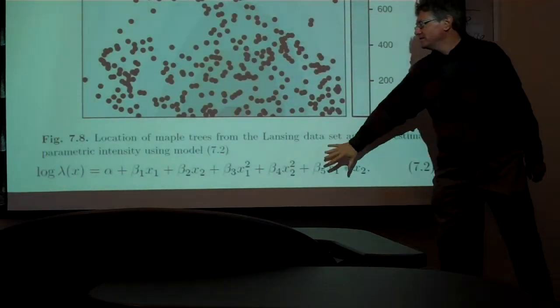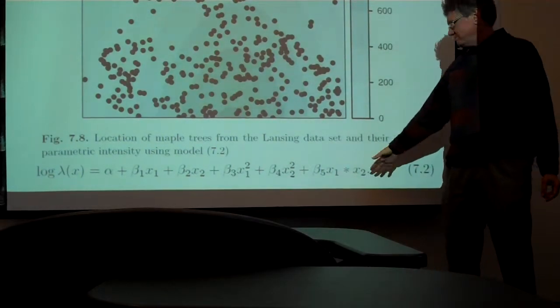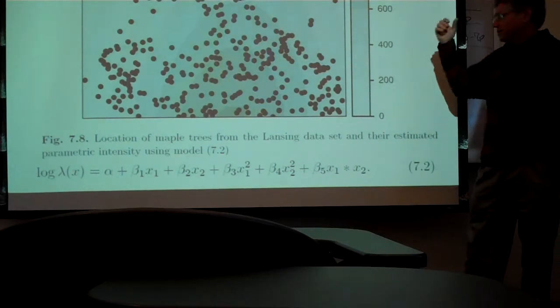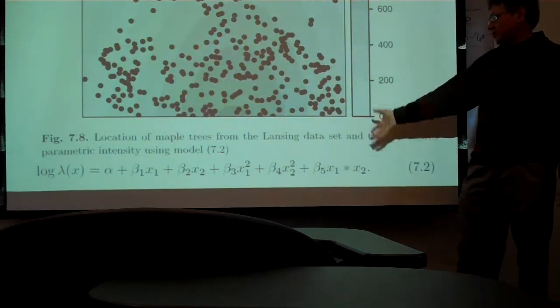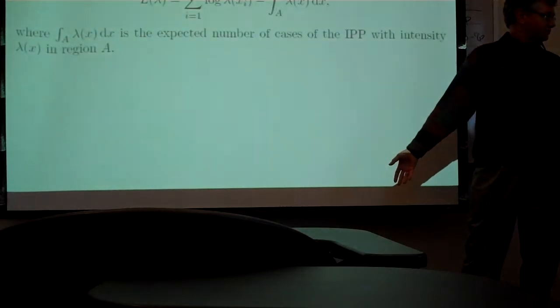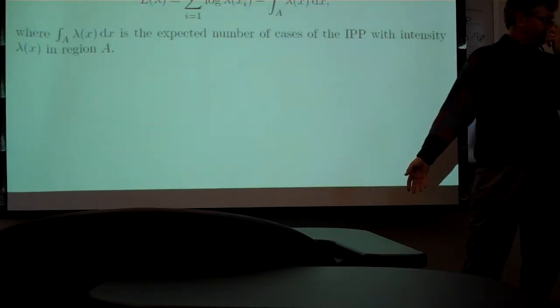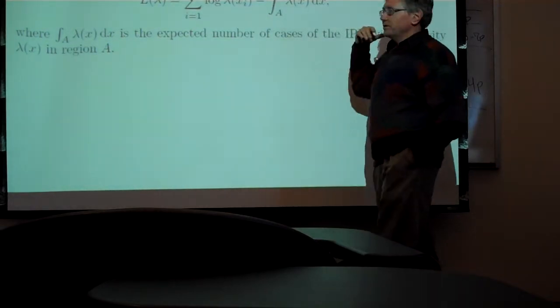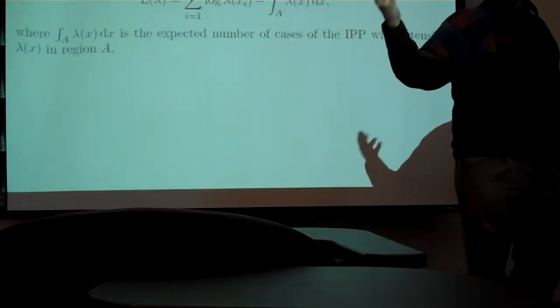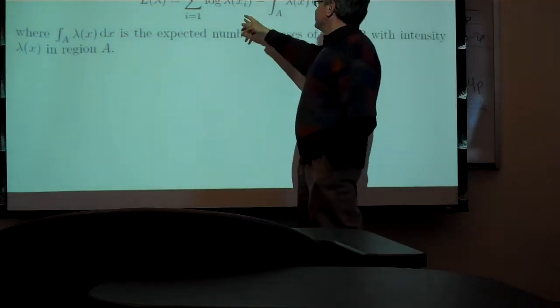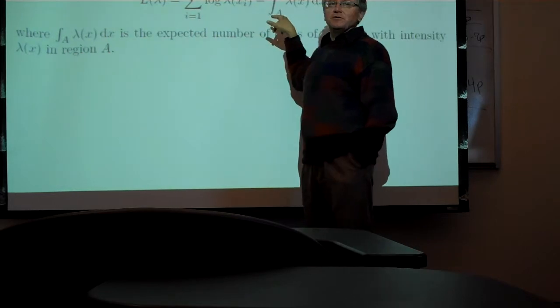How do you fit this? We can write this equation down, but how do we get the coefficients? It's solved using maximum likelihood. Given your data, your x's and y's, and a guess at the parameter values, you can predict the value of lambda at every location.